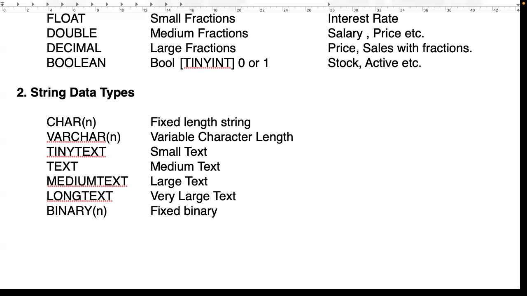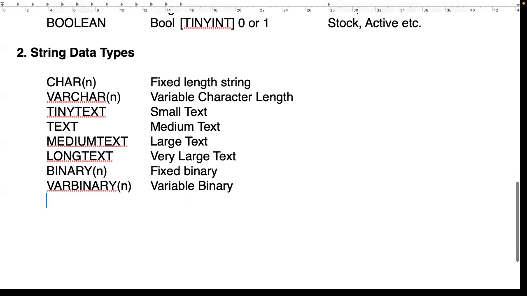Usually these are good for storing some documents like PDF documents and all such content. We can use them. There is a varbinary also, variable binary. Varbinary is a variable binary.